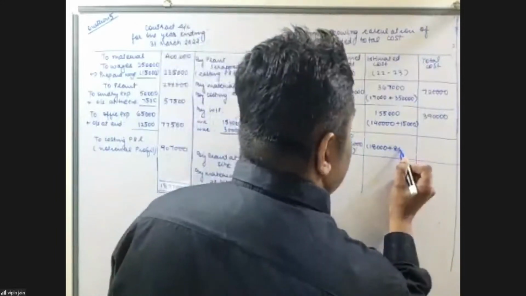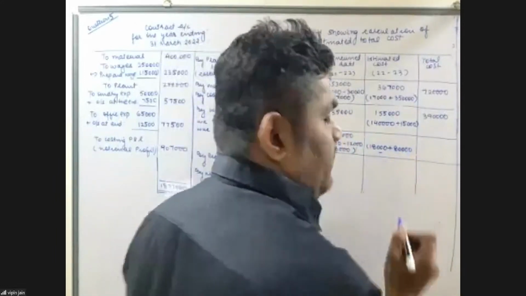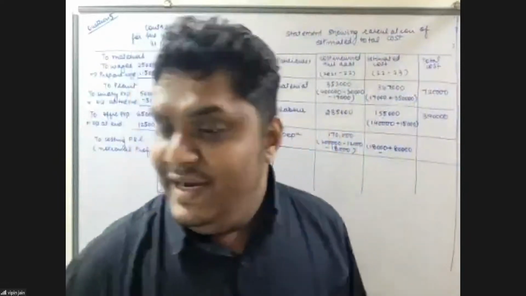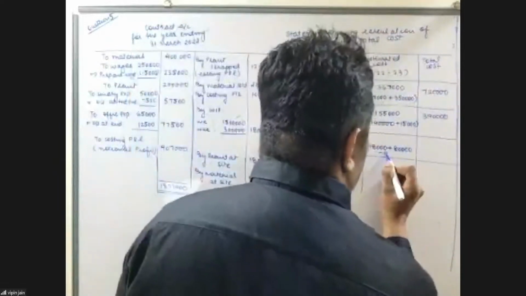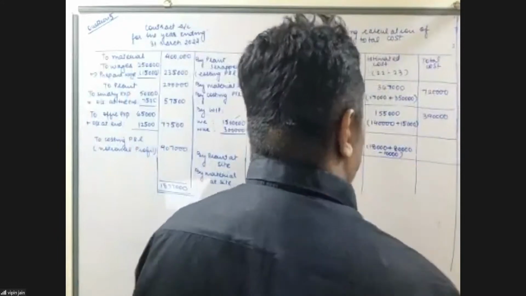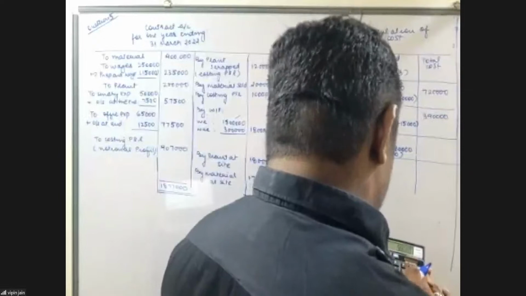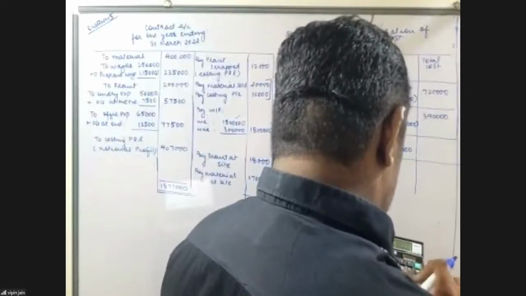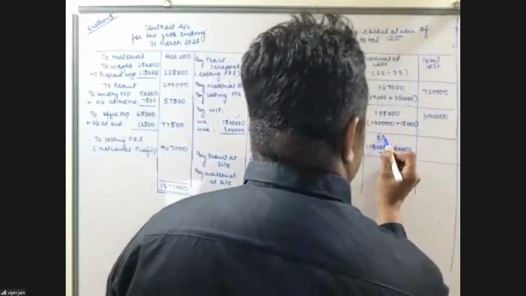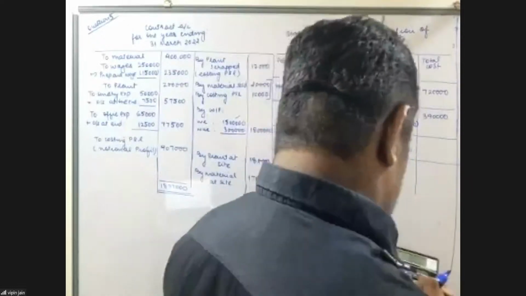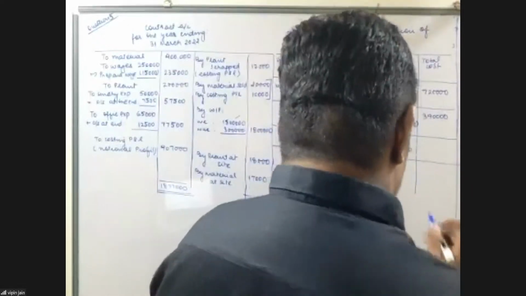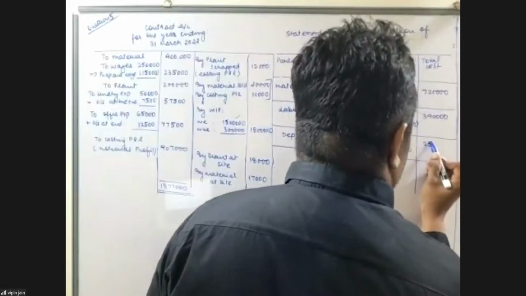So plus 80,000, minus 10,000. So this will be 88,000. So this will be 2,58,000.